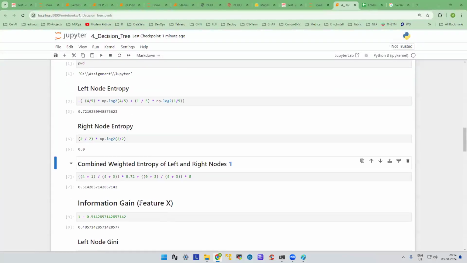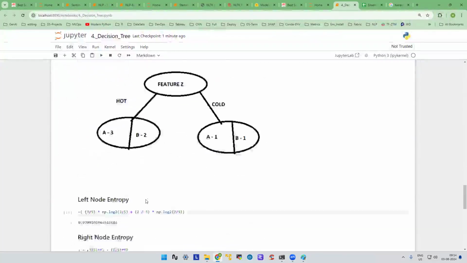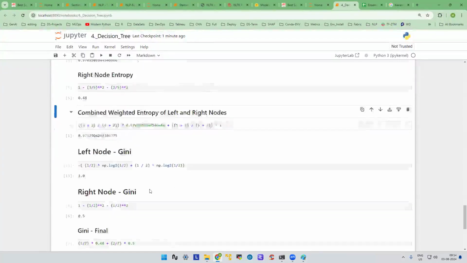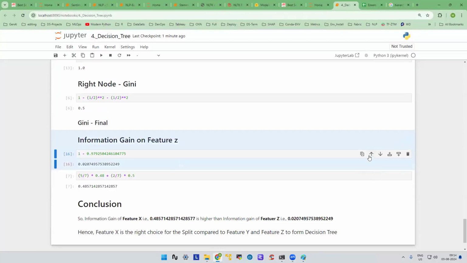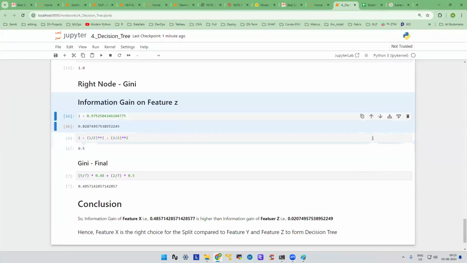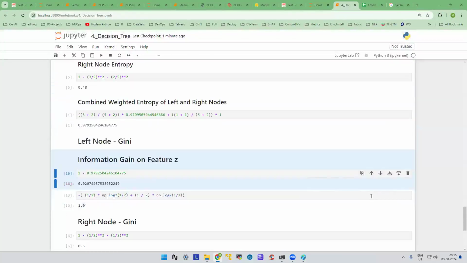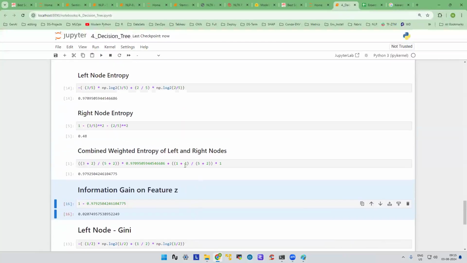So this is information gain for X, and it should be Y, left and right nodes. Info for feature Z. So this one I need to move up. Okay, now this is much better.